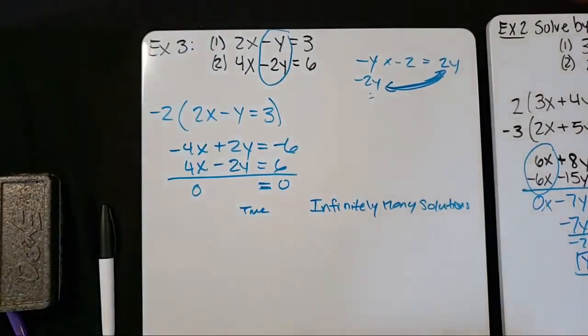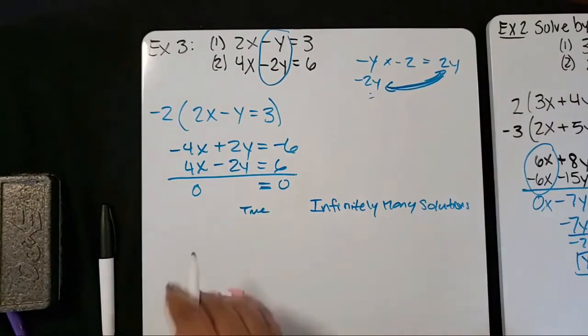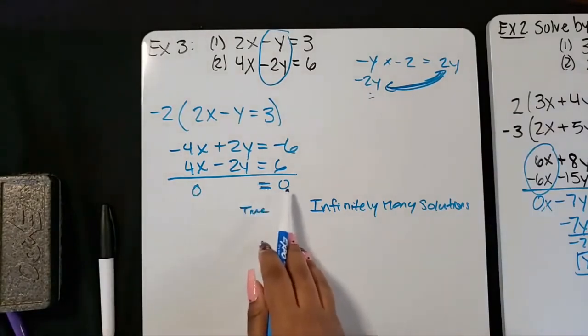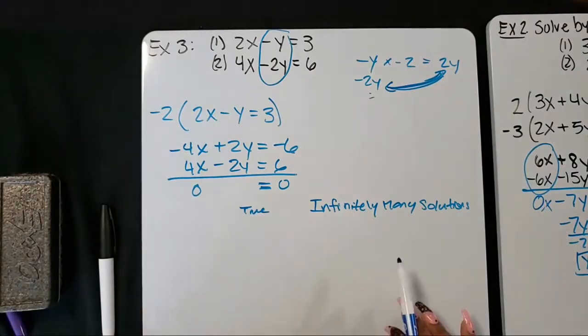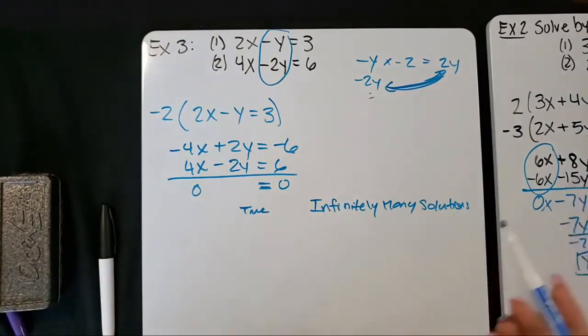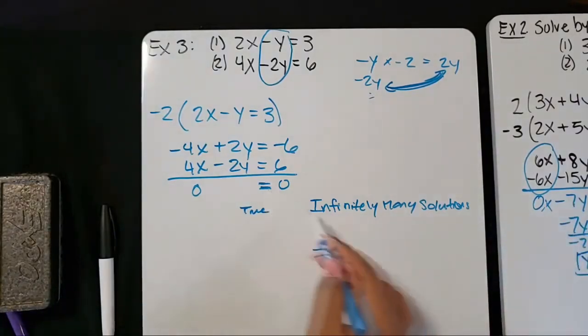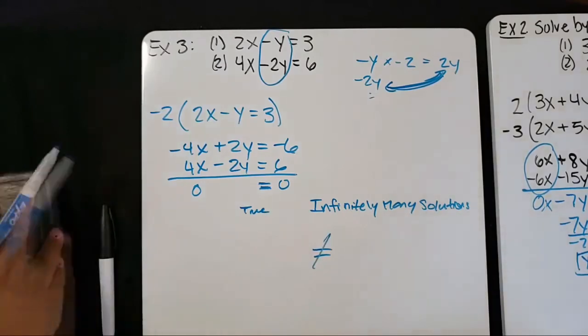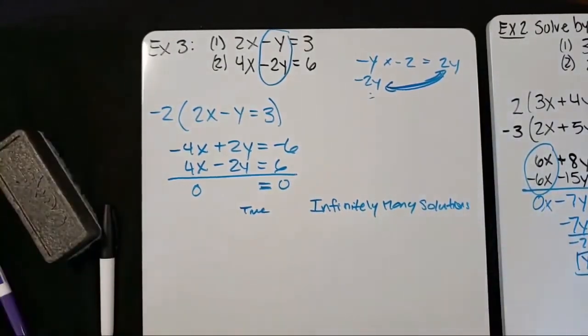For everybody that said no solution, it is no solution when we get two things that are equal and it is not true. Like if it said 2 equals 6, we know that's not true, so it's no solution. For where we have that equal sign, we'll put a slash through it because that means it does not equal.